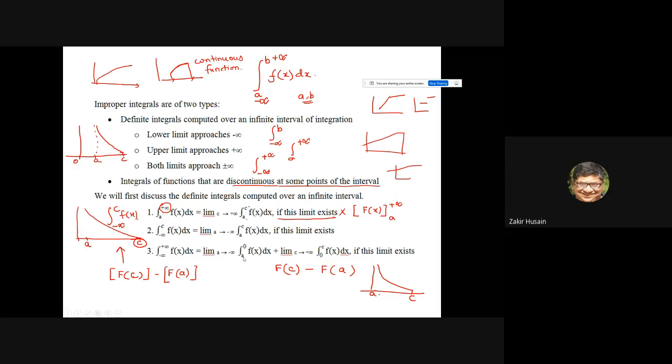So this is this part, and plus limit c tends to infinity, 0 to c.